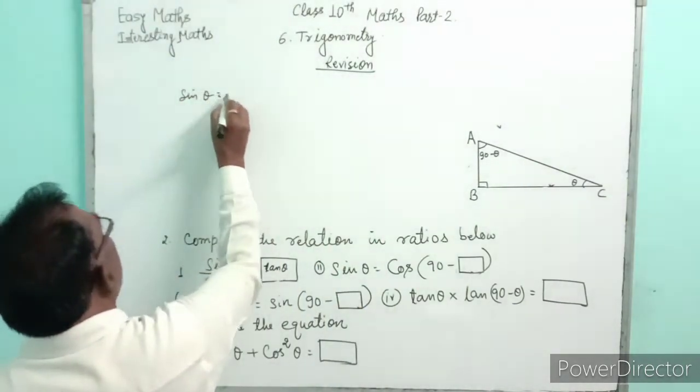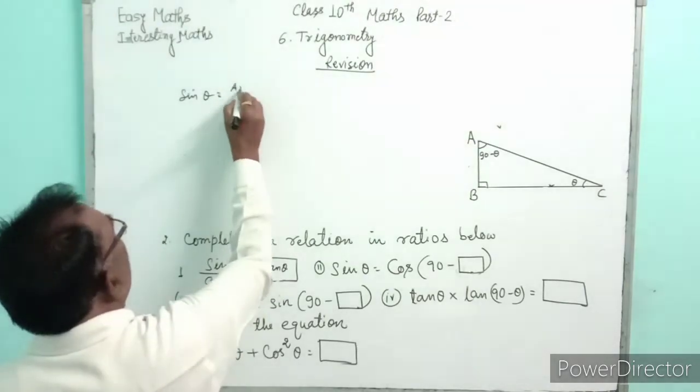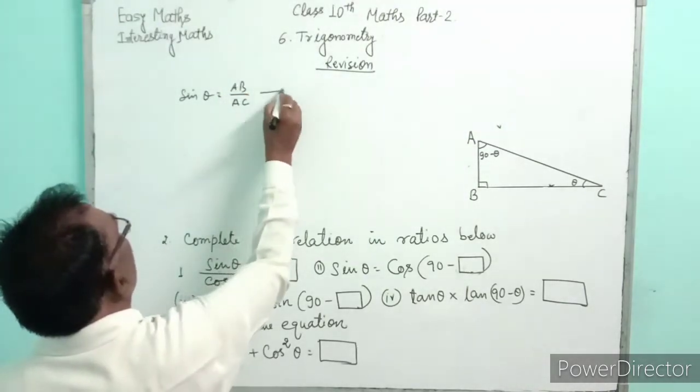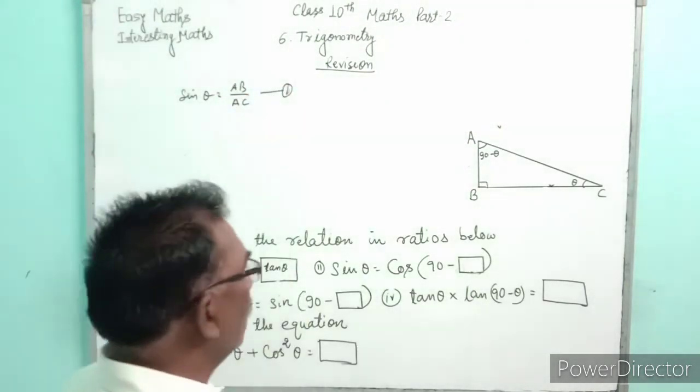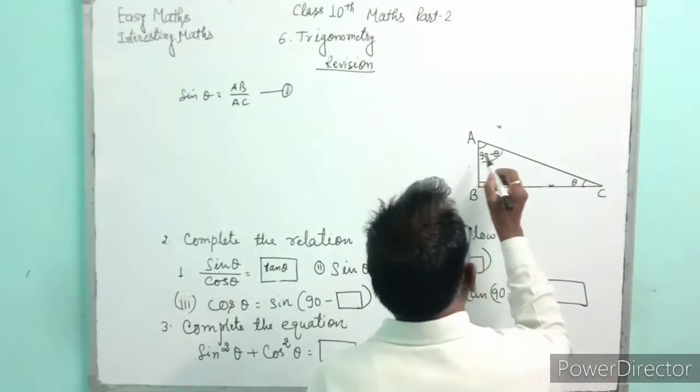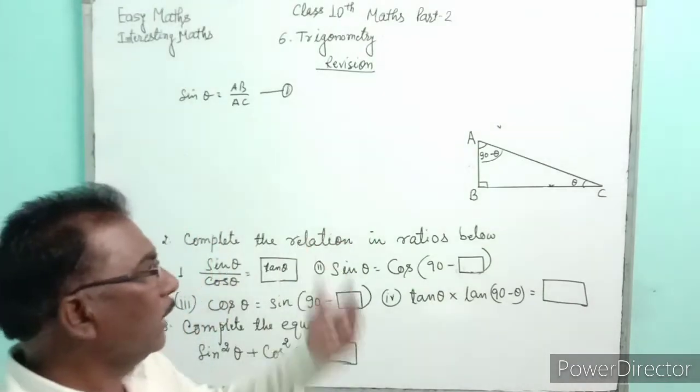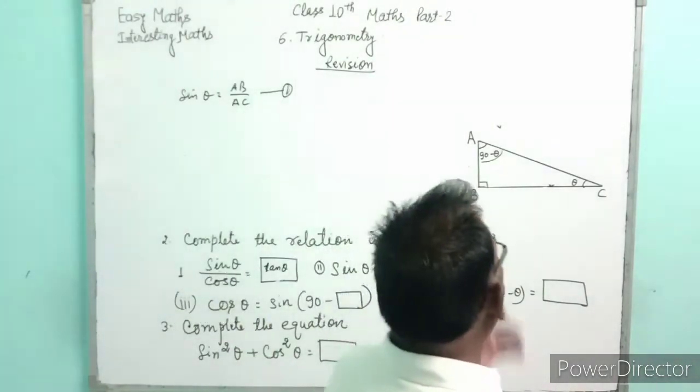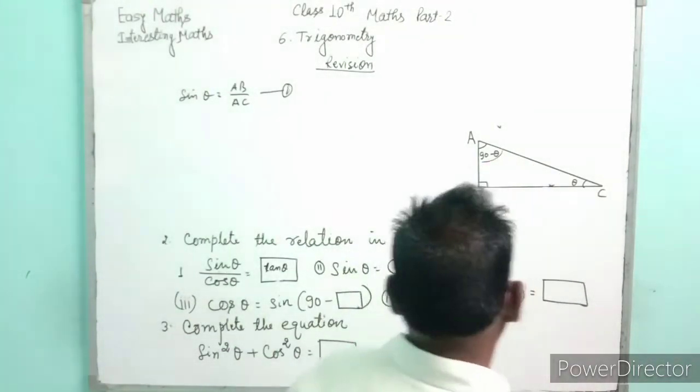We know sin theta is equal to AB by AC. We write here number 1. Now we go to the second acute angle, which is 90 minus theta.